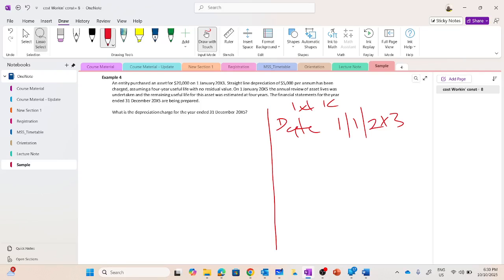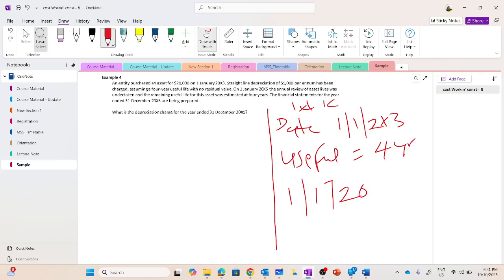On 1st January 20x5, January to December 20x3 is 1 year, January to December 20x4 is 2 years. So the asset has been depreciated for 2 years, and we need to calculate the carrying value as at 31st December 20x4.